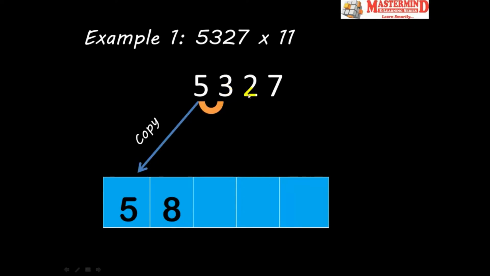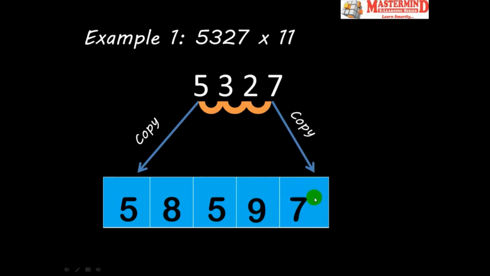Next we add this second and third digits, that is 3 plus 2, which is 5. Then we add the third and the fourth digits, that is 2 and 7, which is 9. And for the last place, we copy the last digit, that is 7. So our answer is 58597.